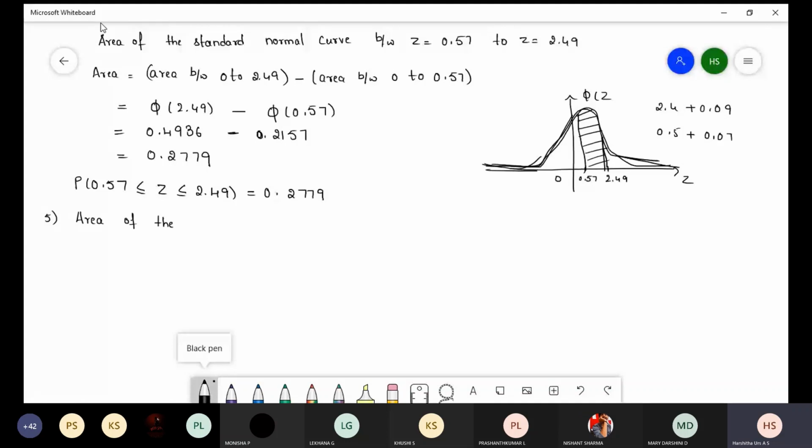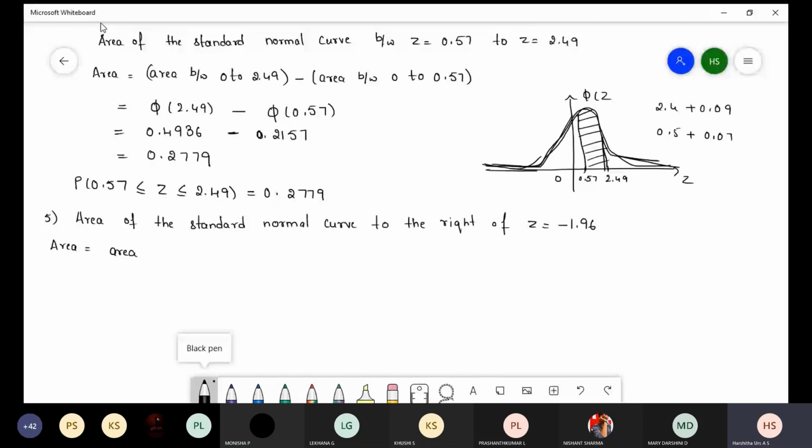Next, fifth: area of the standard normal curve to the right of Z is equal to minus 1.96. So here also area is equal to, first I will draw a curve here.